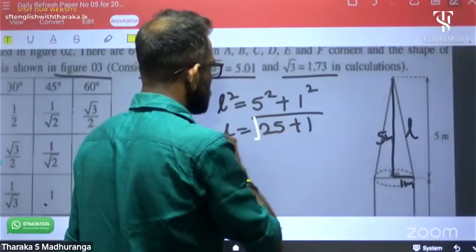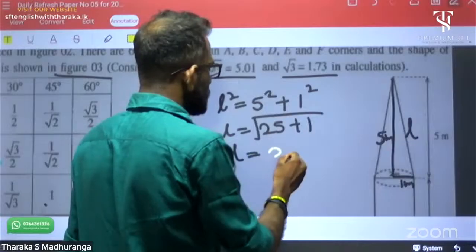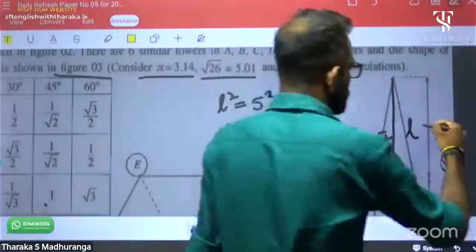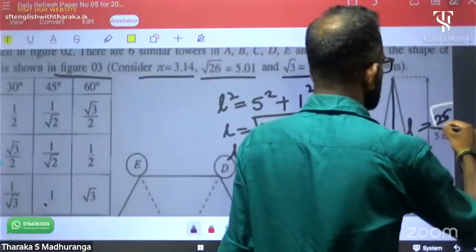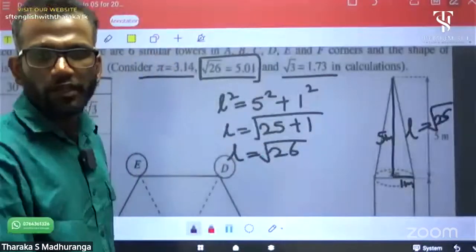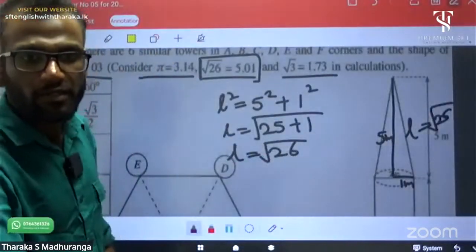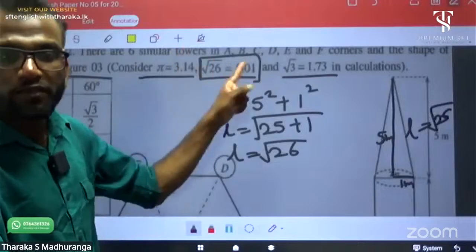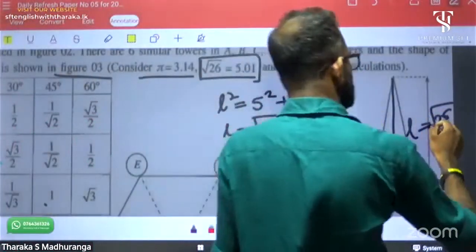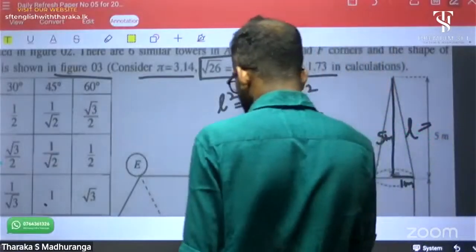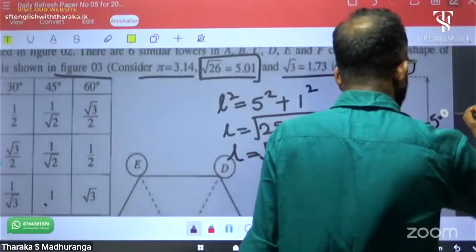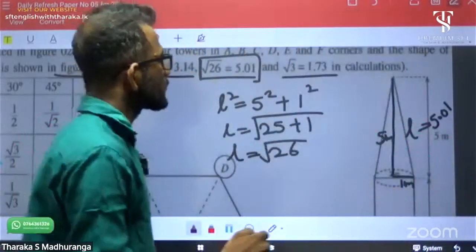L equals square root of 26. I got the L now. Square root of 26 is already given, 5.01 meters.